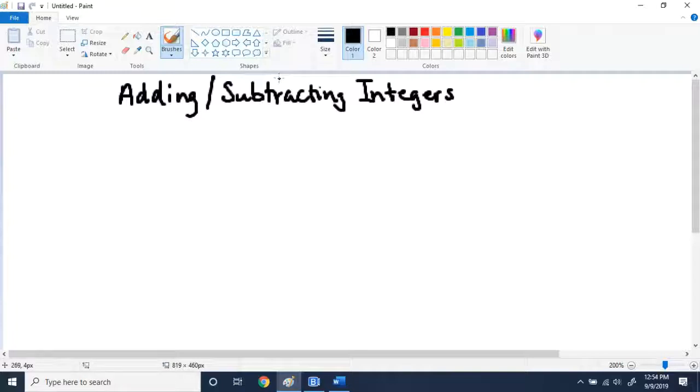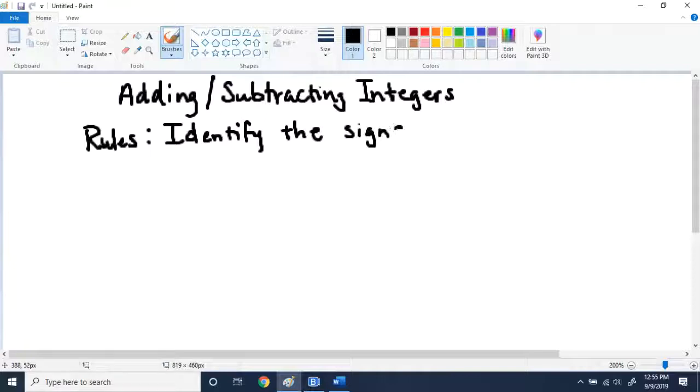So adding and subtracting integers. There's a couple of rules that go with this that you can apply. The first thing you need to do is identify the signs, and they're usually in the front of the number. And if there's no sign, that's assumed to be positive.